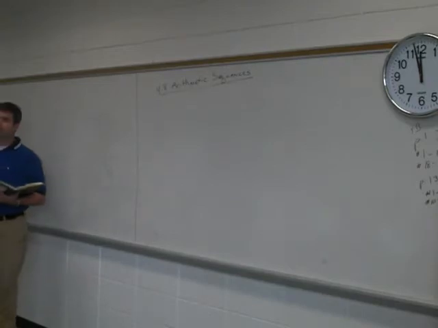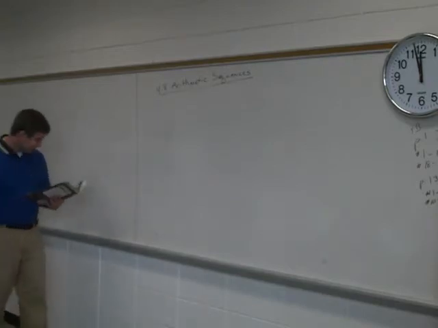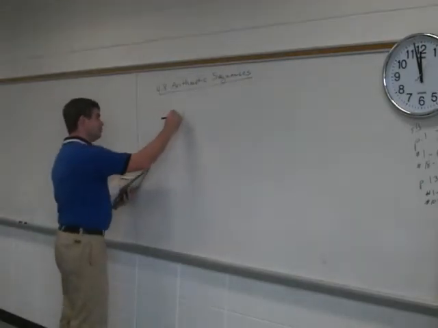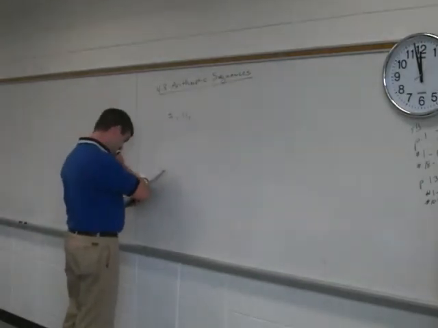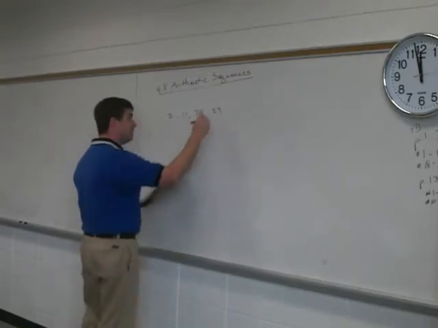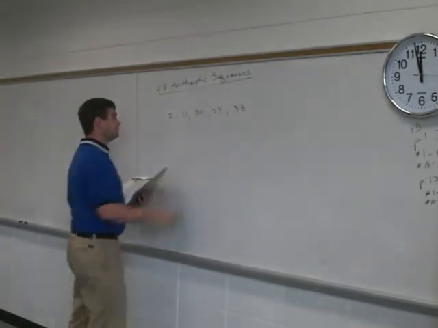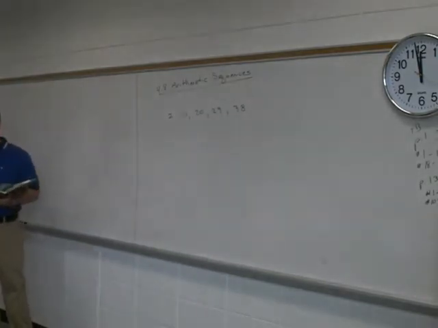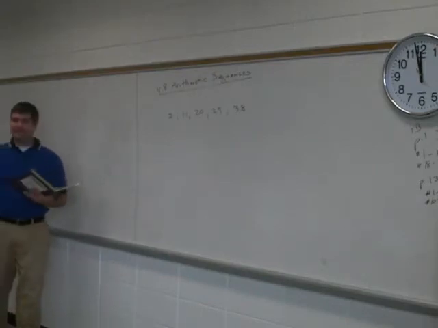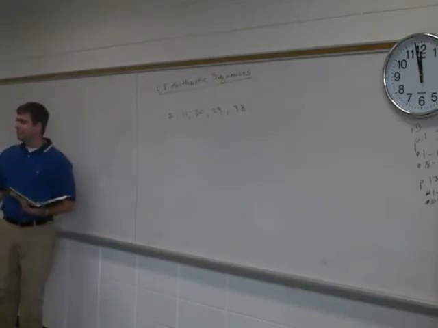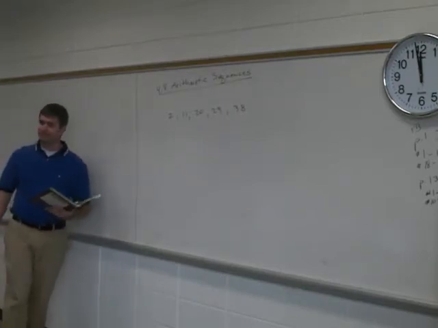Okay? Alright, this is 4A, arithmetic sequences. Let's look at an example. 2, 11, 20, 29, and 38. Okay? A sequence is defined as being arithmetic if the distance in between each value is the same, meaning they have a common difference.